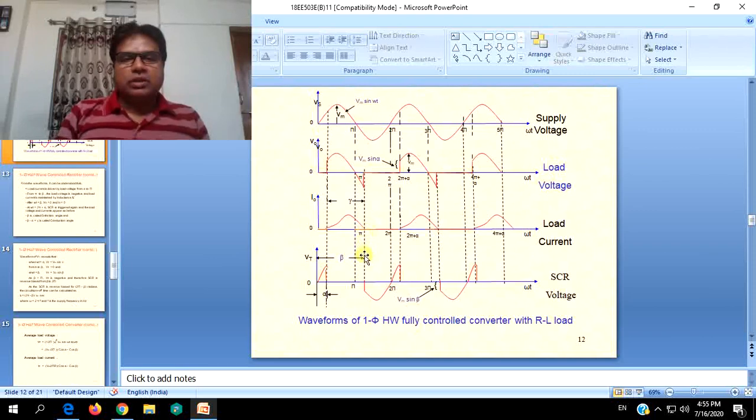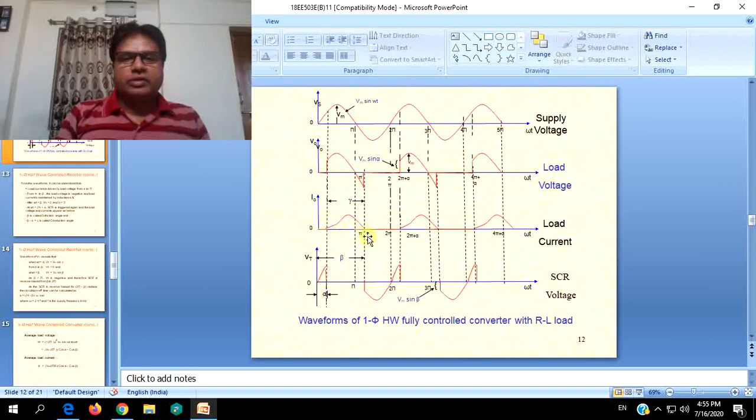So the load current flows from alpha to beta, and beta minus alpha is called gamma in this case, which is the actual conduction angle during which current flows through the load.